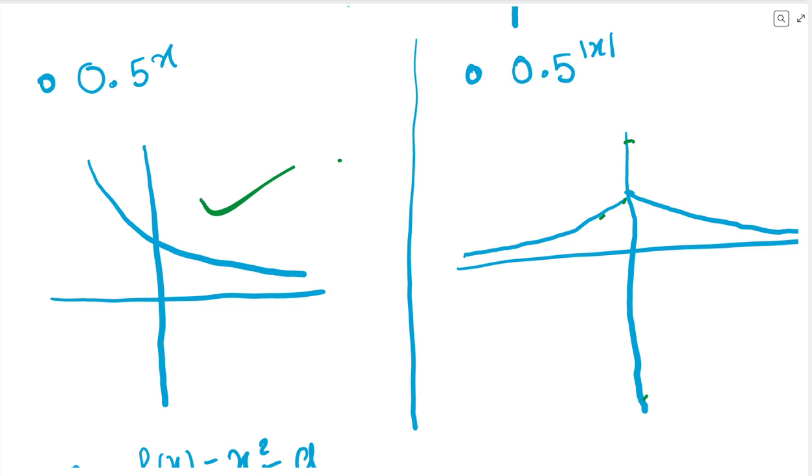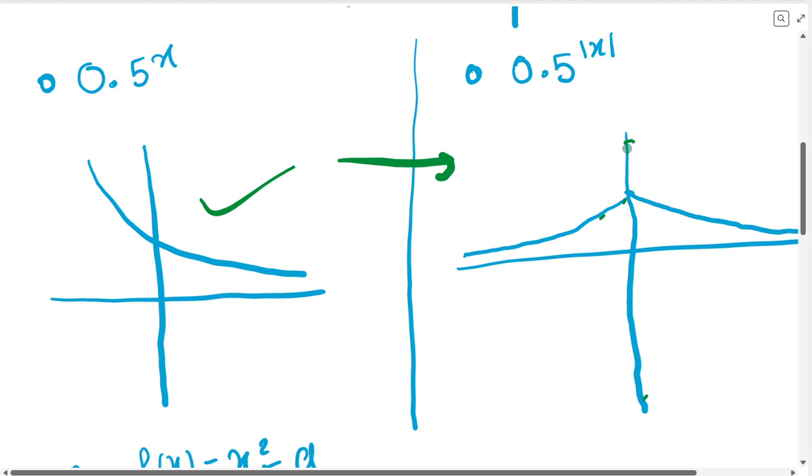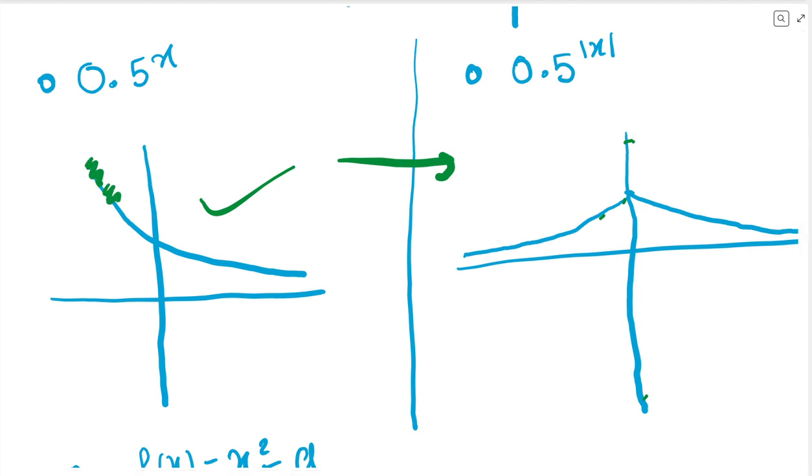Now let's see what the other transformation is. We have to put modulus on this. The rule of applying the modulus transformation is that we eliminate the negative y or negative x part.